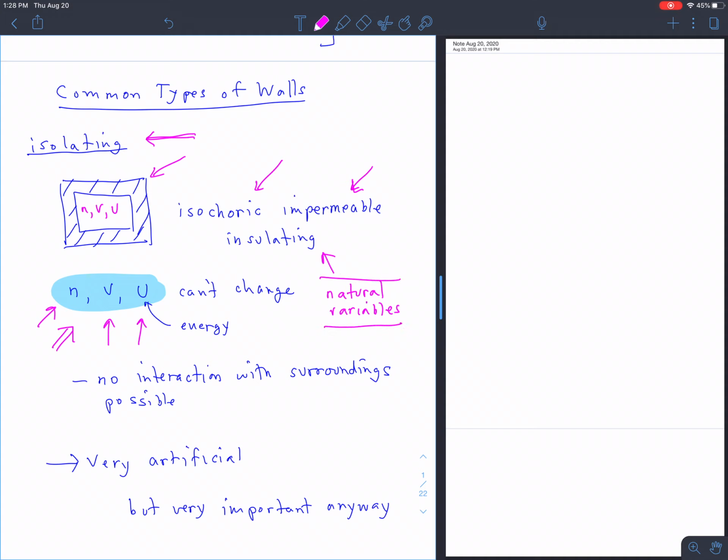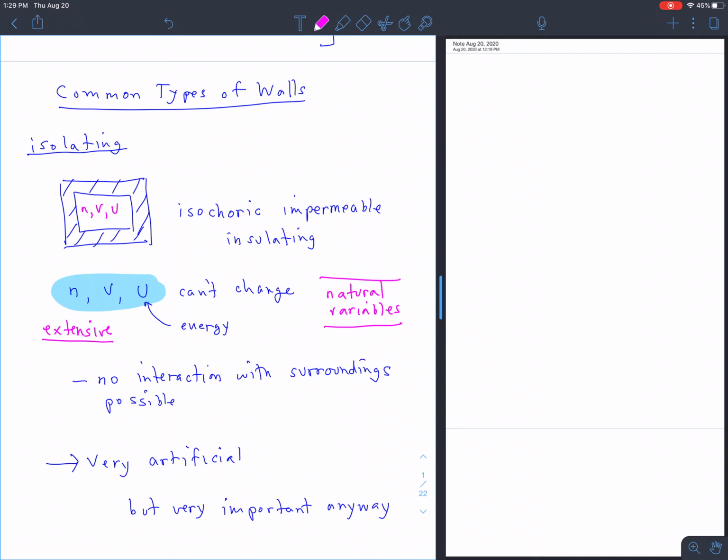And we'll see other kinds of problems which have different sets of natural variables, but for an isolated case, these three guys are the natural variables. There's something else that I'll talk more about later when we get there, a little further down, but all three of these variables have a common property. It isn't obvious at first, but they're all what's called extensive variables.